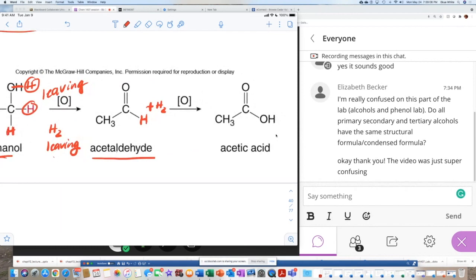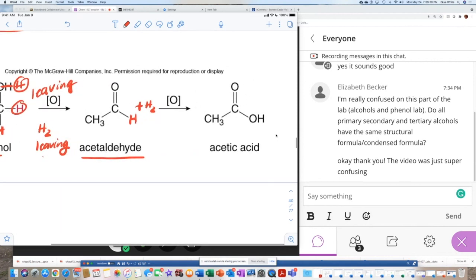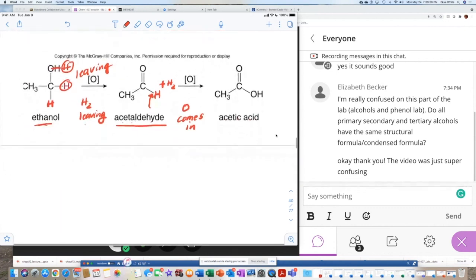From this intermediate product to the last product, what we have coming in is an oxygen comes in, if that makes sense. An oxygen comes in right here. And so when you go from the aldehyde to the acetic acid, that's the change we see. Okay, so I'm going to write it out so you can see it.